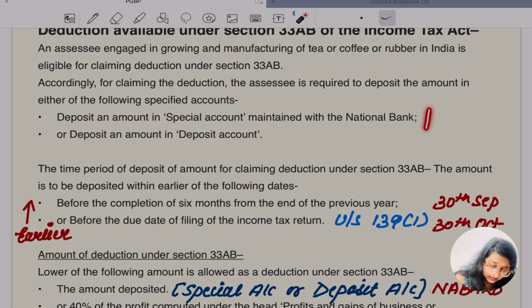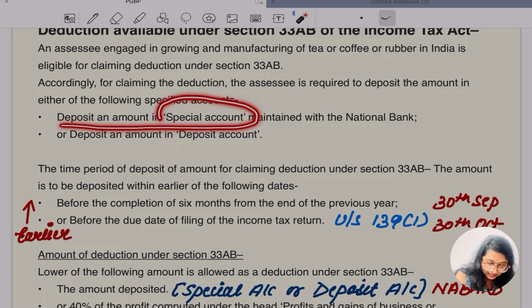So the SSC has to deposit the amount in either of these 2 accounts. Let me highlight this: either it should be in a special account or it should be in a deposit account.